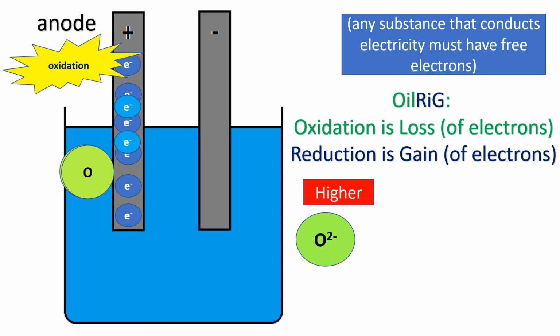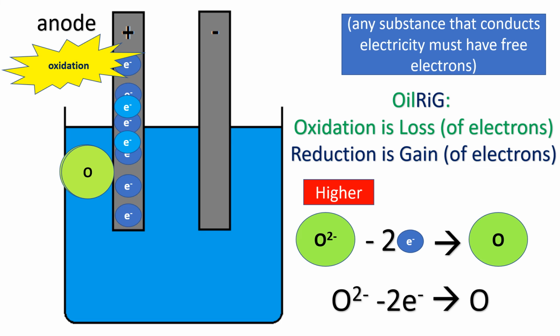And what would that look like? O2-, there's the ion, losing 2 negative electrons, making an oxygen atom. That's what you would write. Now this is where they trip you up, because oxygen or hydrogen or any of the halogens, group 7, are diatomic.